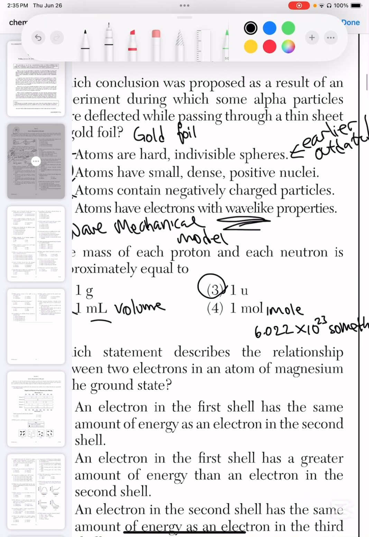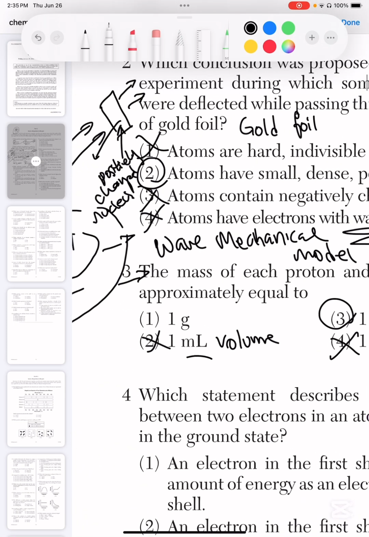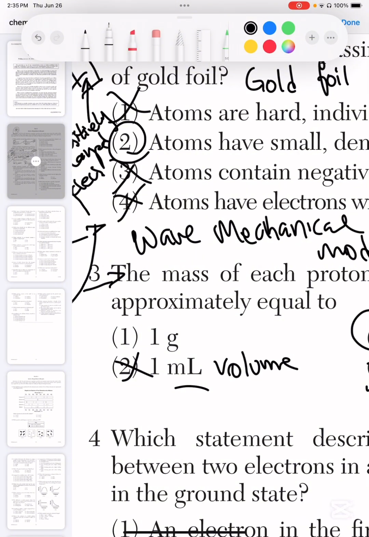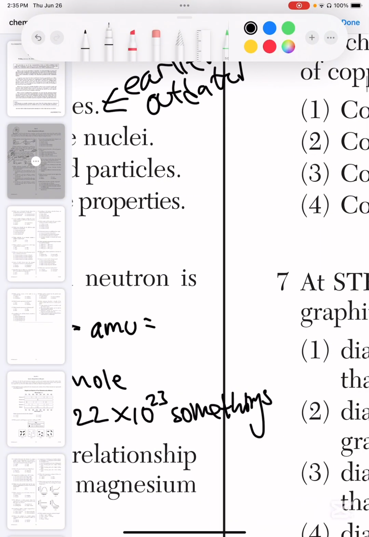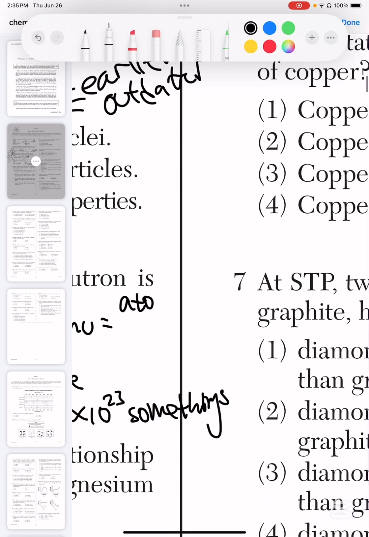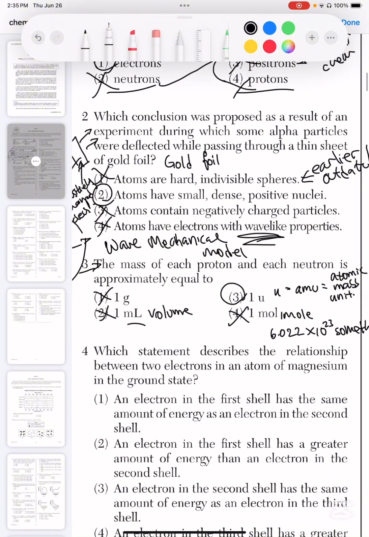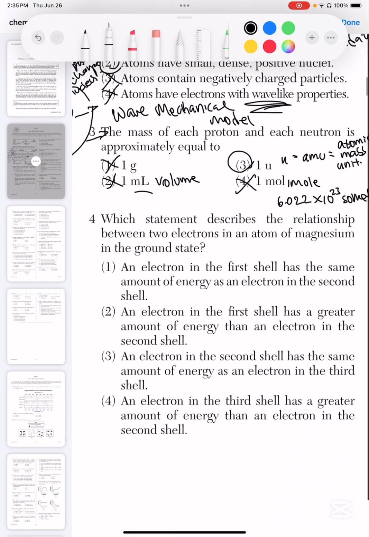So that doesn't really make sense, right? And then, can you imagine if a proton weighed 1 gram? That's pretty massive. So this also doesn't really make sense. This is 1 u, which is AMU, atomic mass unit. And this one is the only one that really makes any sense at all. So it'd be this one.